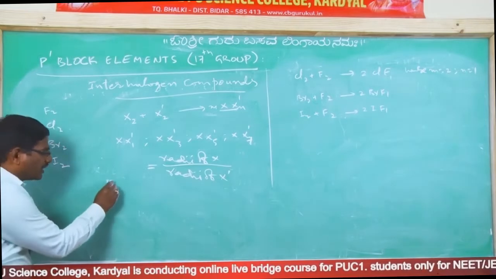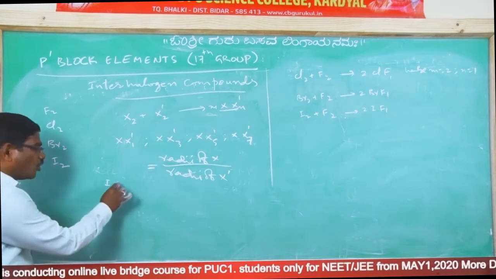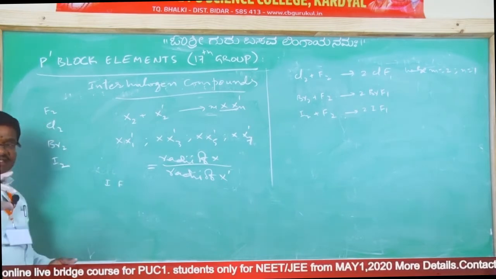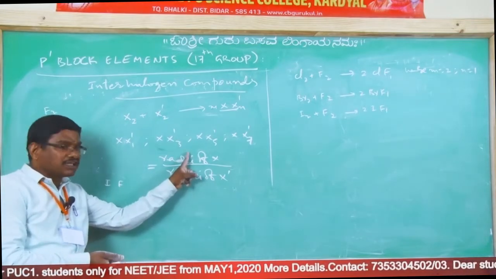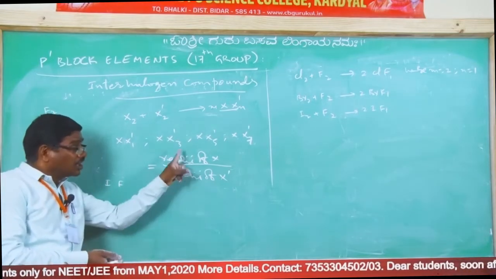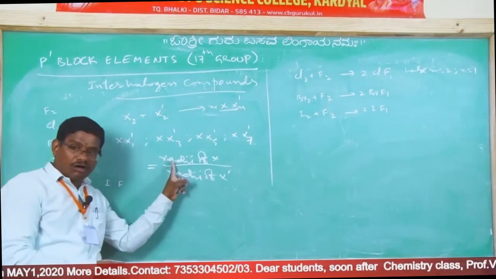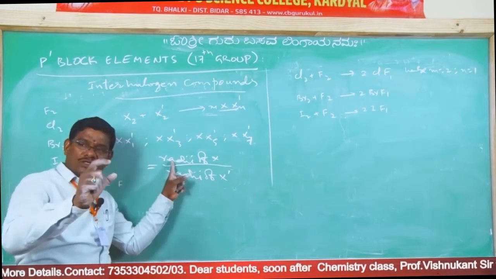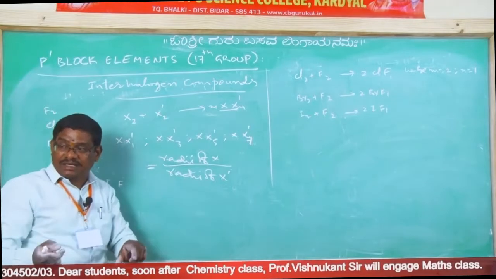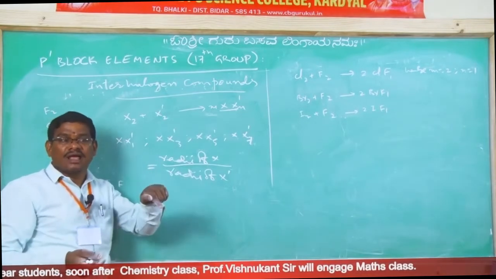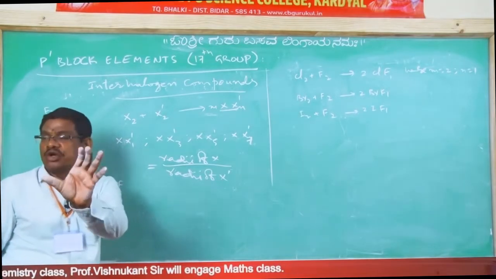Suppose iodine I take is larger in size, X. Fluorine I take is smaller in size. The smaller size enters the denominator, the larger size enters the numerator. At that time the ratio will become more and more. So as the ratio of the larger halogen atom to the smaller halogen atom increases, in that interhalide or interhalogen compound, more halogen atoms are going to be present.